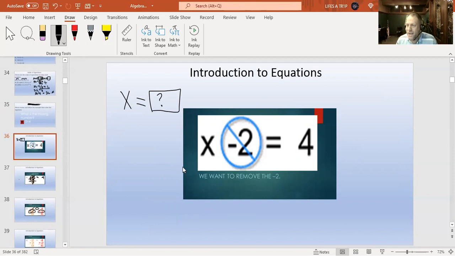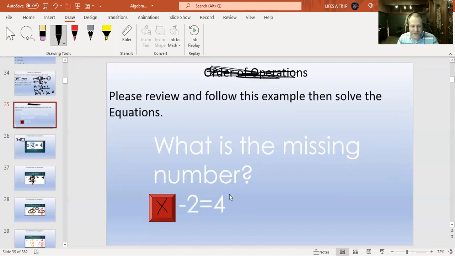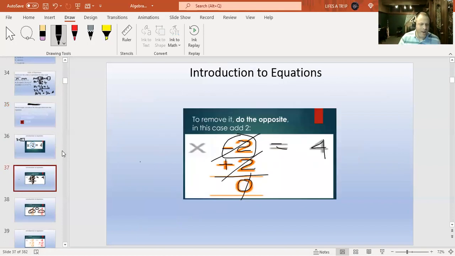Of course, we know that the box with the question mark is going to be 6, because X down here would equal the 6, because 6 is really supposed to go there. Anytime we don't know a number, we put a variable in there. We're not supposed to know what the number is yet.